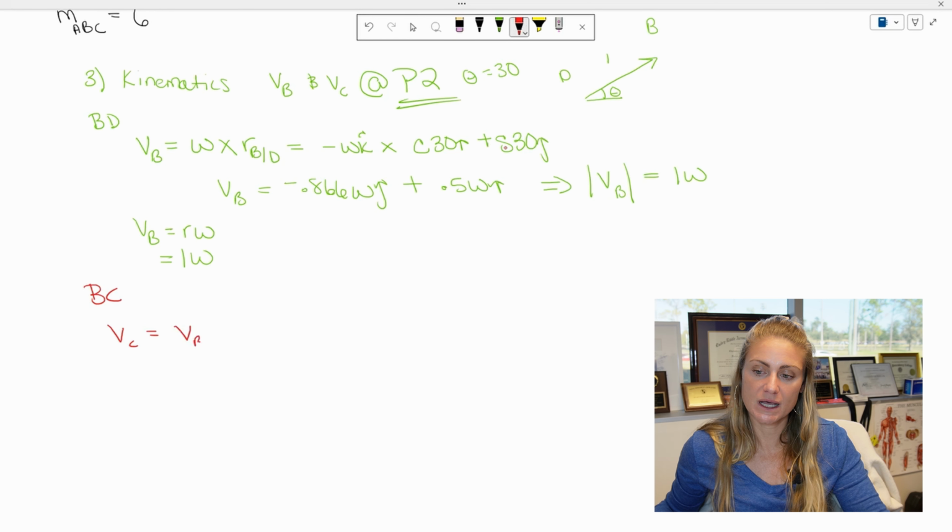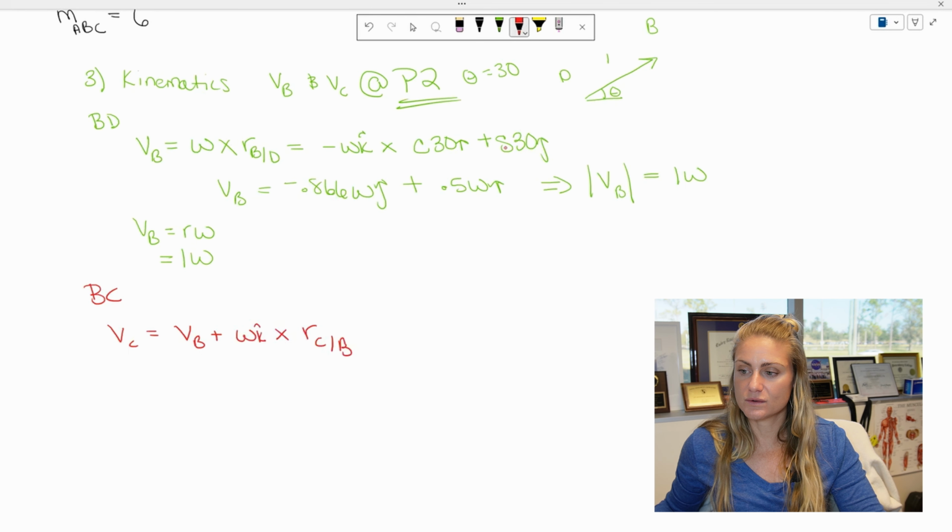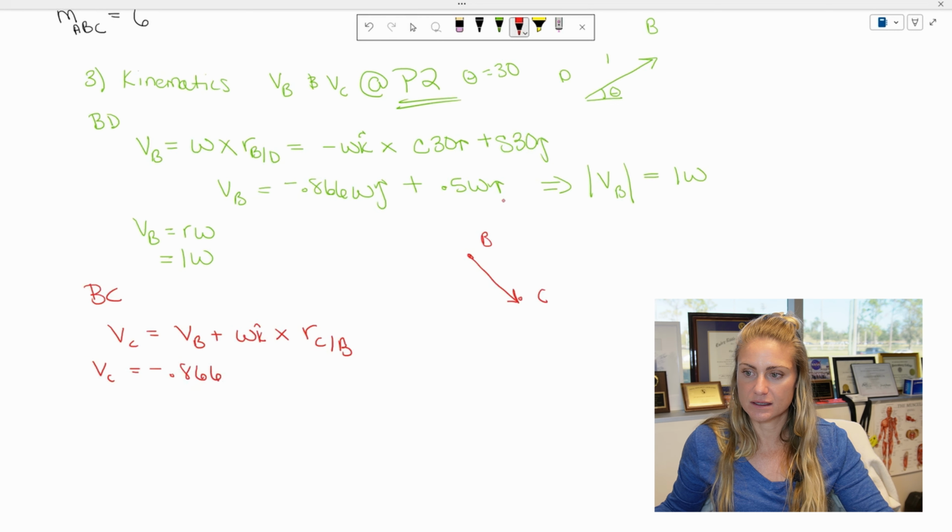You're going to have VB plus omega K cross RC with respect to B. So this is point B. This is point C. I'm going to C with respect to B. So that means I'm going to have a positive X and a negative Y. So VC is going to equal negative 0.866 omega J plus 0.5 omega I plus omega K cross RC with respect to B.